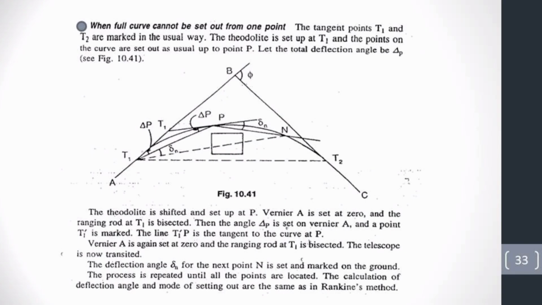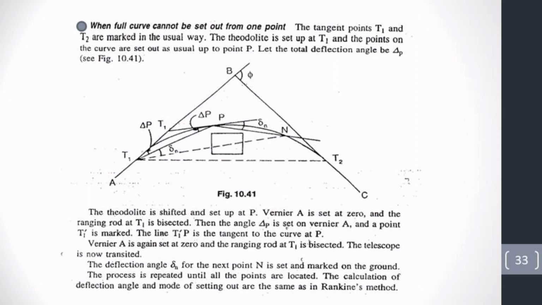Then let the total deflection angle be that of P. The theodolite is shifted and set up at P, where we did our setting up to.